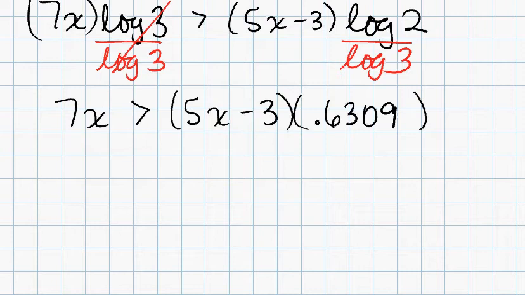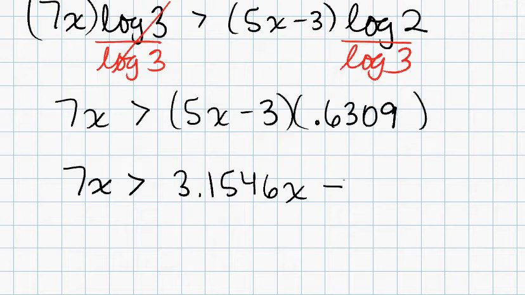Welcome back. On the left-hand side, you still have 7x. On the right-hand side, 3.1546x minus 1.8927. It's a 5, not a 6, sorry. To solve for x, you would subtract.